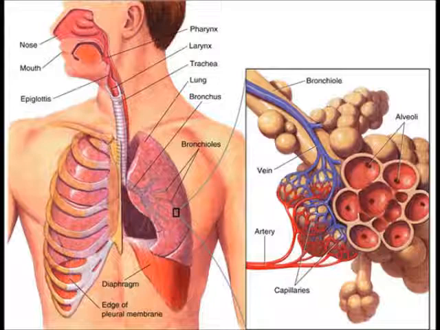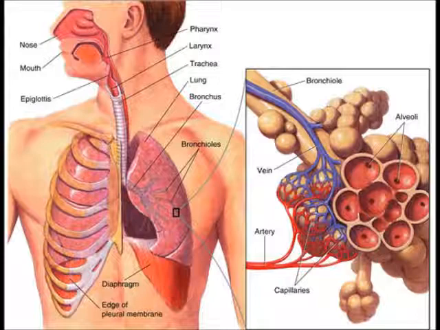So on inspiration, when air comes in, we said the atmospheric pressure is what? 760. And then your alveolar pressure is going to be lower than your atmospheric pressure. So your transrespiratory pressure will be what? Positive number or negative number? It's always going to be a positive number for air to flow in.